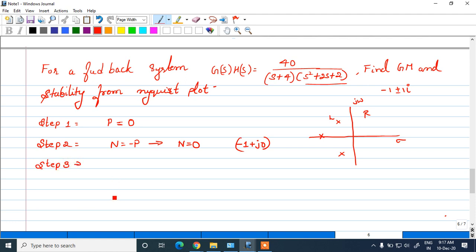Step 3 is to identify the input frequency, to vary our omega value. You need to check whether there are any poles located at the origin.